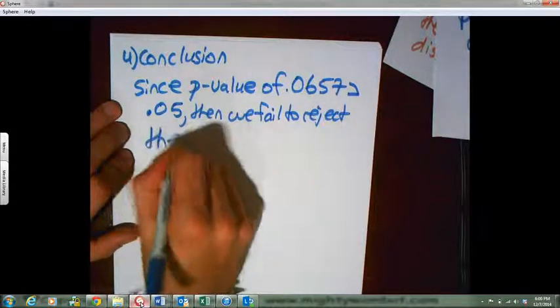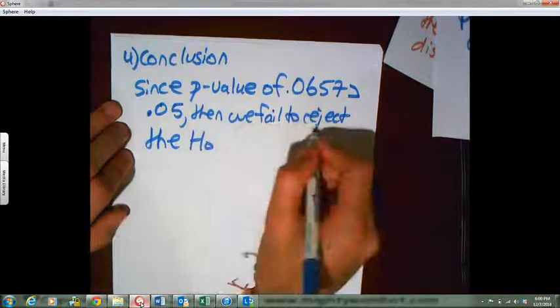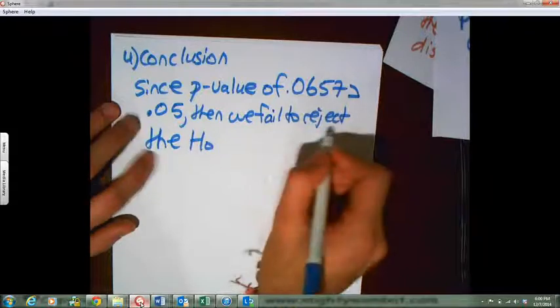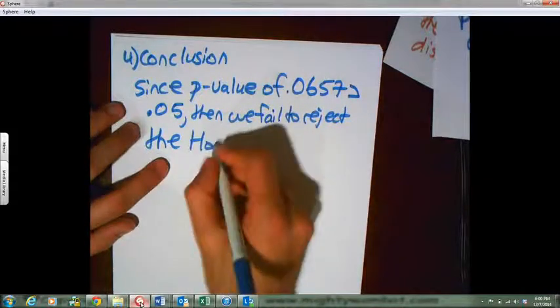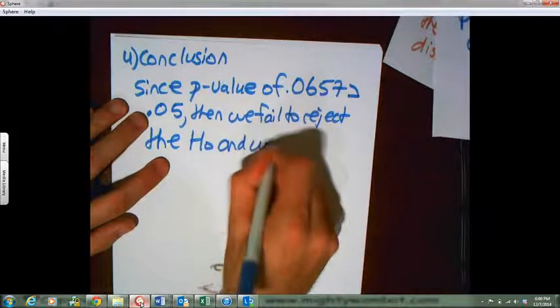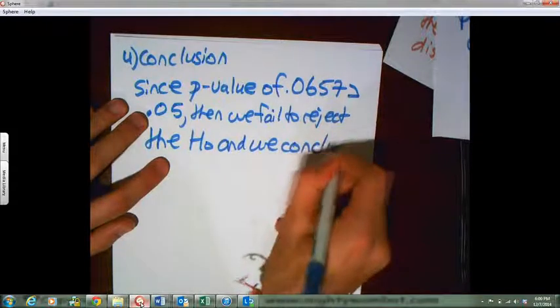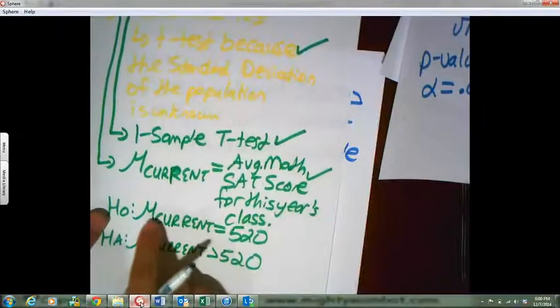Remember, statisticians love to say fail to reject the null hypothesis, and we conclude that the null hypothesis is true, because we're basically accepting that the current math scores on the SAT are equal to 520.